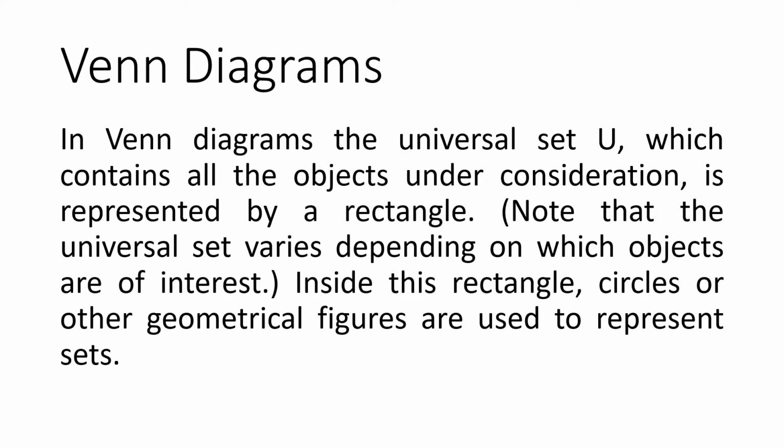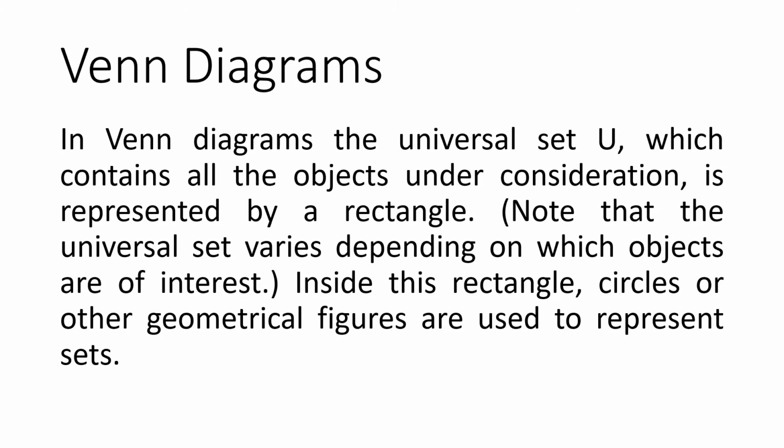In Venn diagrams, the universal set U, which contains all the objects under consideration, is represented by a rectangle. Note that the universal set varies depending on which objects are of interest. Inside this rectangle, circles or other geometrical figures are used to represent the sets.